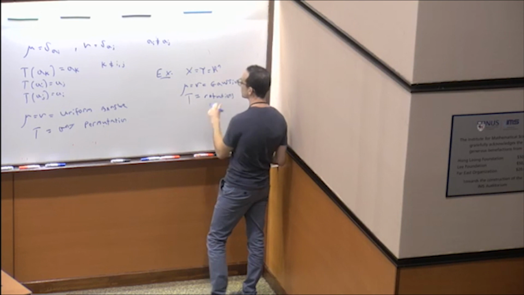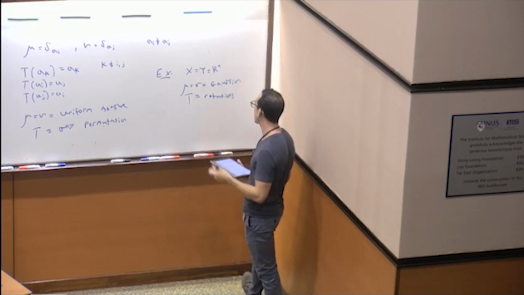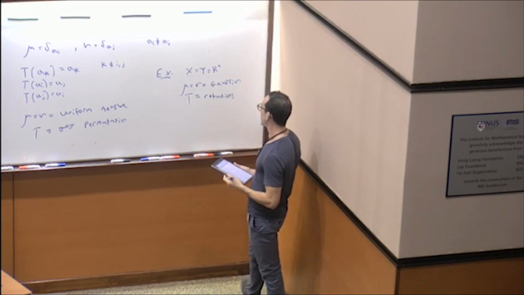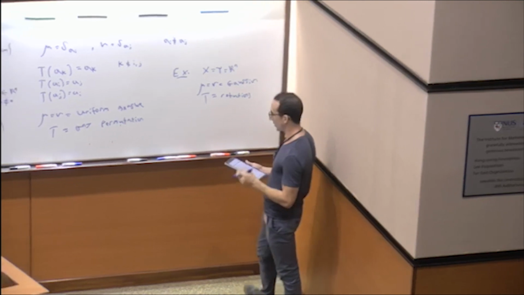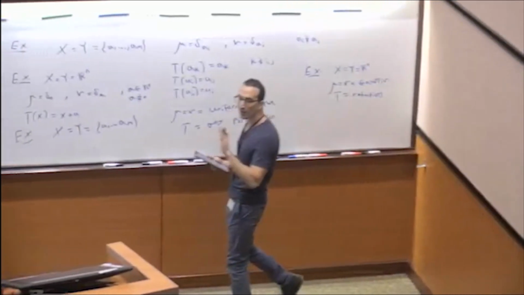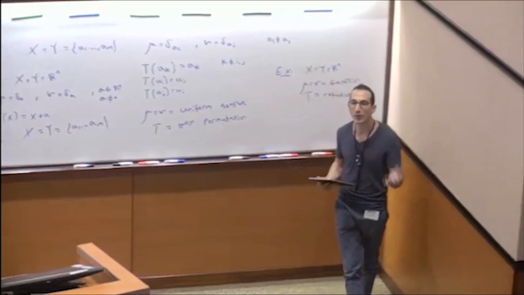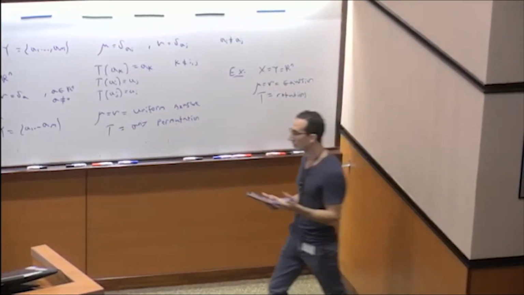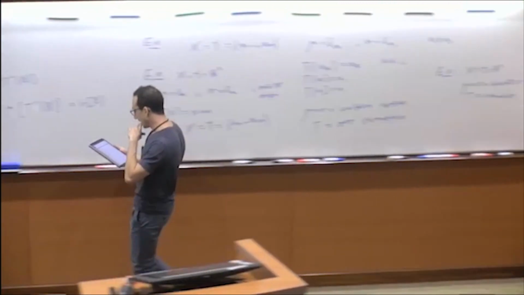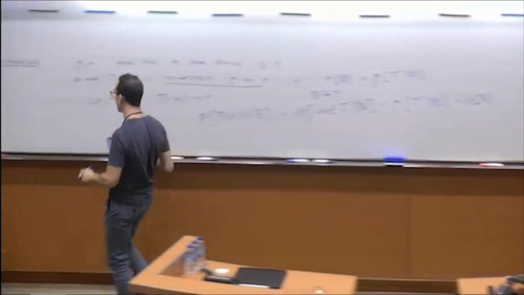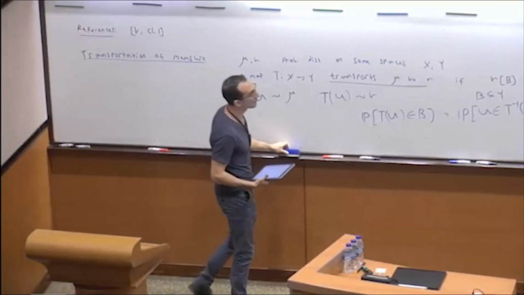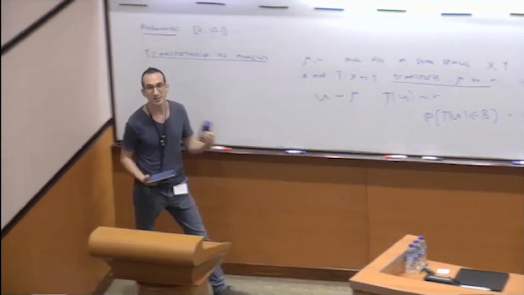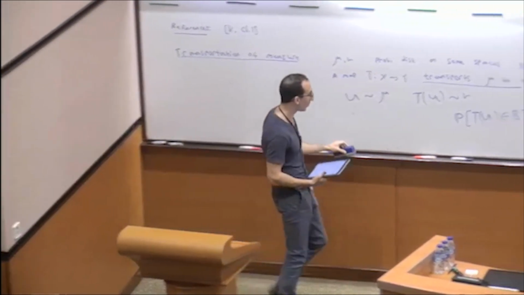Because if you rotate the Gaussian, it's a centered Gaussian, it's still going to be a Gaussian. Okay, so the point is the transport maps are by no means unique. There are many ways of going from one measure to another. We will be interested in the best map in some sense, and I'll explain what we mean by that. That's why we call them optimal.